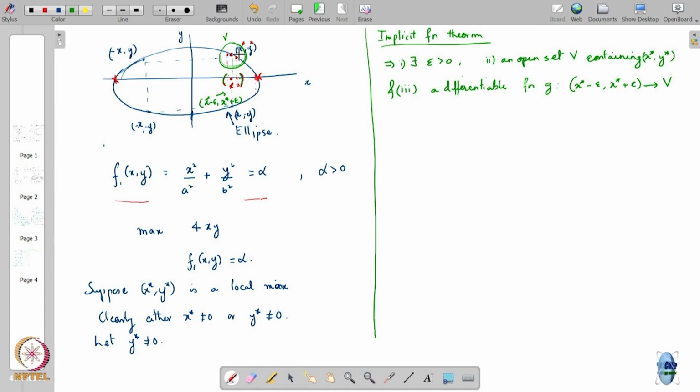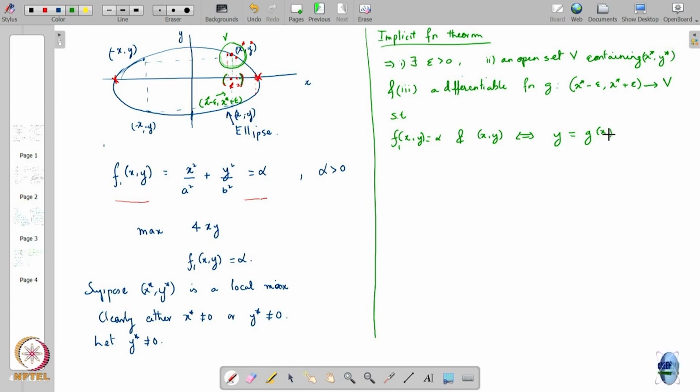Okay, so now I will tell you what the theorem says. There exists an epsilon greater than 0, an open set V containing x star y star, and a differentiable function g whose domain is x star minus epsilon to x star plus epsilon, mapping back to V, such that if you are on the ellipse, that means if f1 of x comma y equals alpha and you are in this neighborhood V, that is equivalent to evaluating g on that neighborhood.